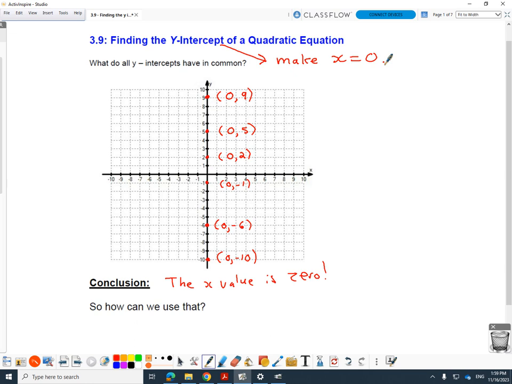And here comes the most important sentence of the day, which I will highlight after I write it. How can we use this? To get the y-intercept, set x equal to 0.